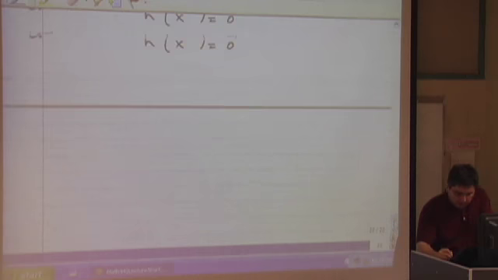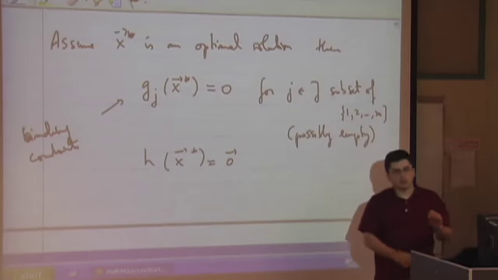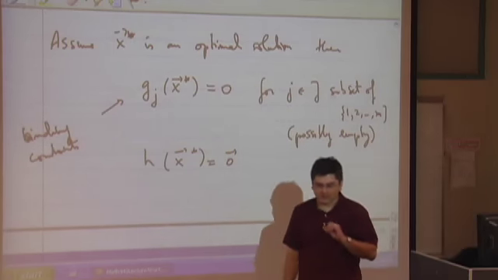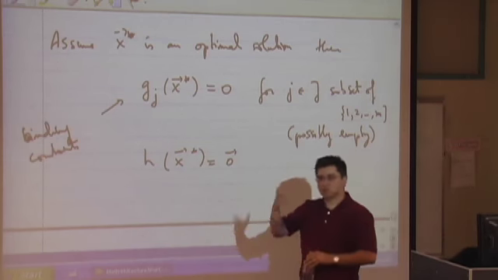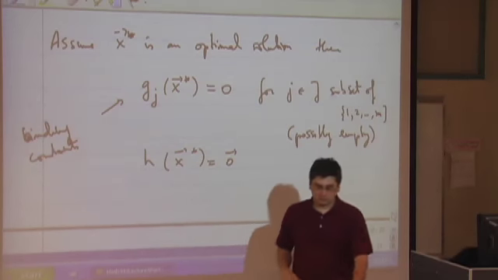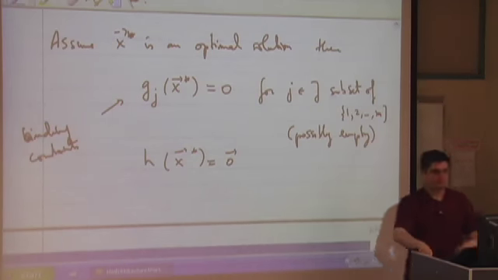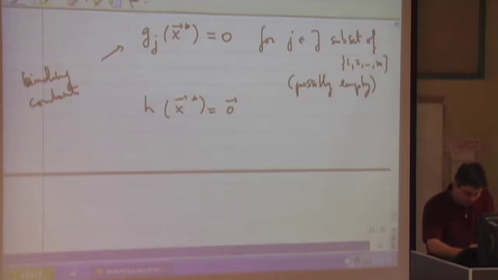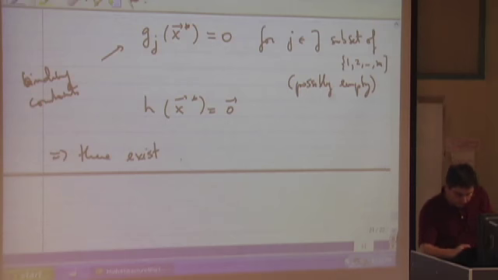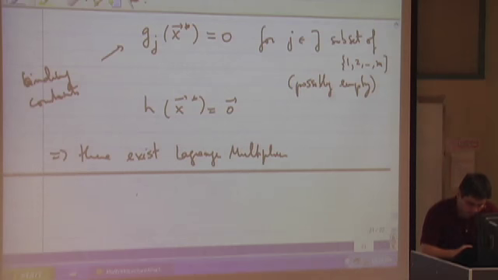Regardless of which ones are, if there are any binding constraints among the inequality constraints, then there are going to be Lagrange multipliers associated to those constraints. So there exist Lagrange multipliers, and we use different notation.